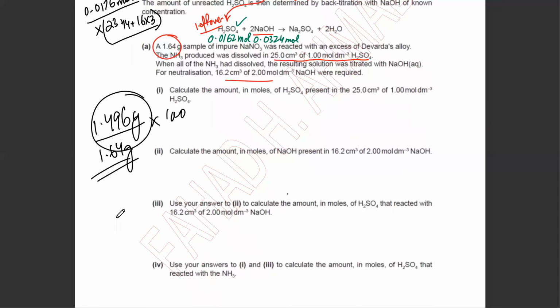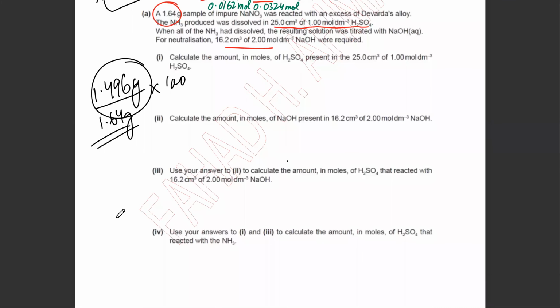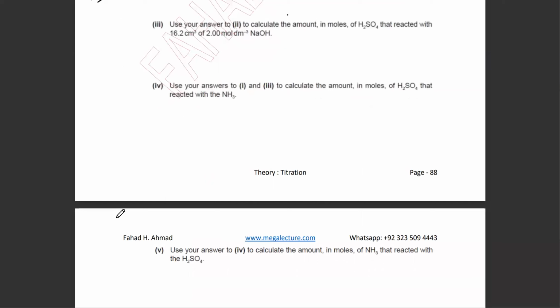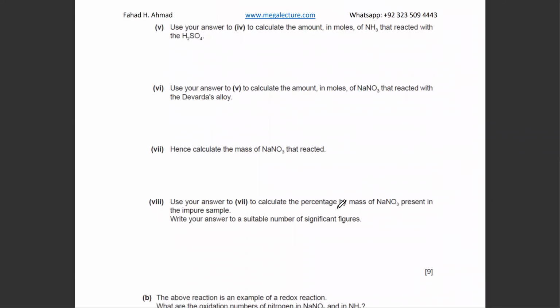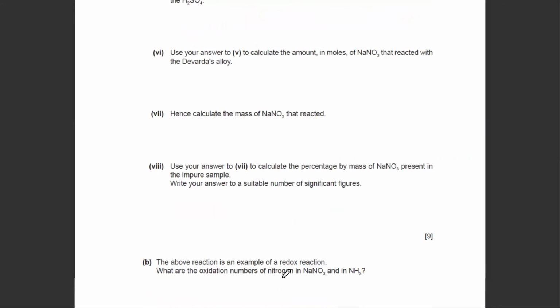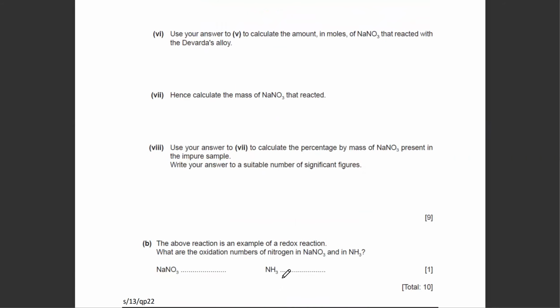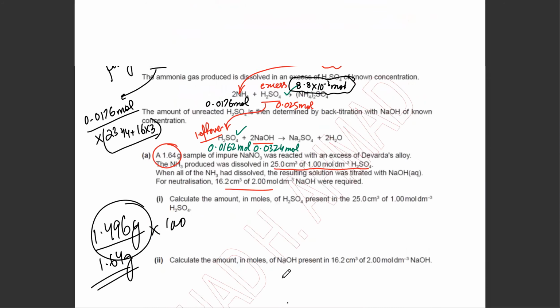What are we getting? 91.2%. I think here it is percentage by mass, okay? We found the purity of NaNO3 present in the impure sample, okay? 91.2%. Okay, is this clear? This one.